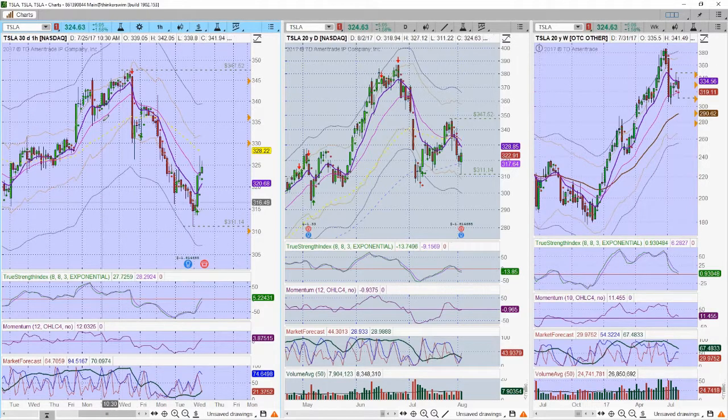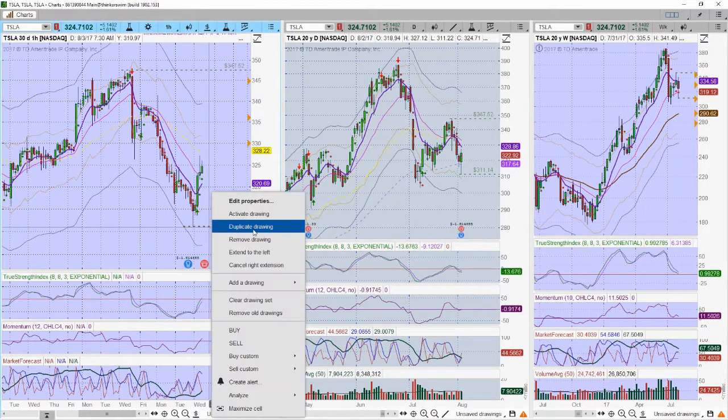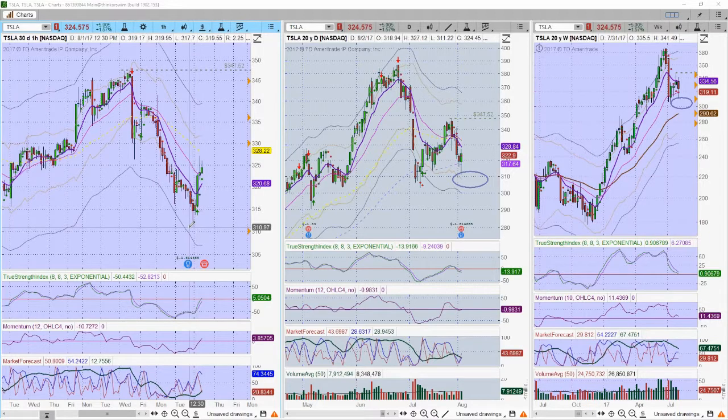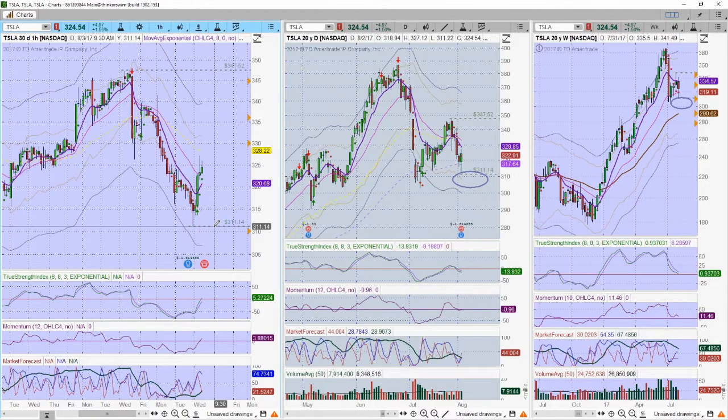And so as I click these into place, I'm going to delete this one real quick. I want you to watch what happens over here on the daily and the weekly chart. So let me go back here and click this in, put in this lower level. Watch what happens in those circles on the other side.